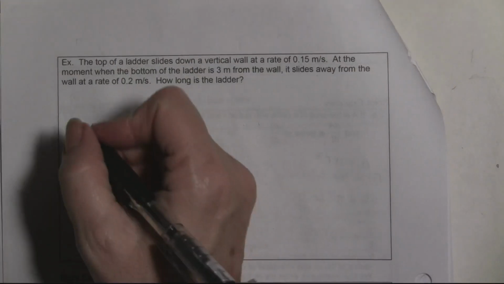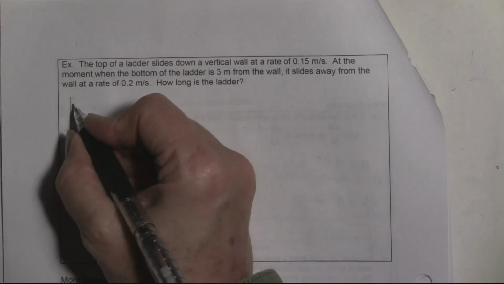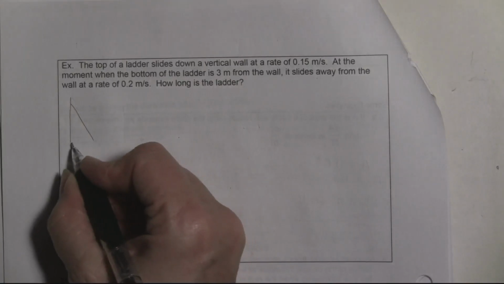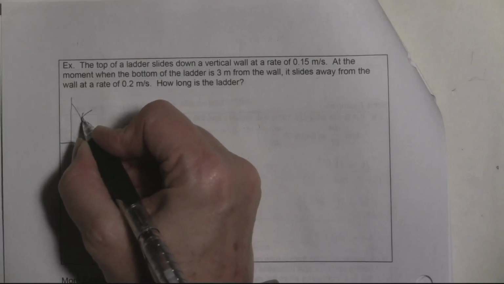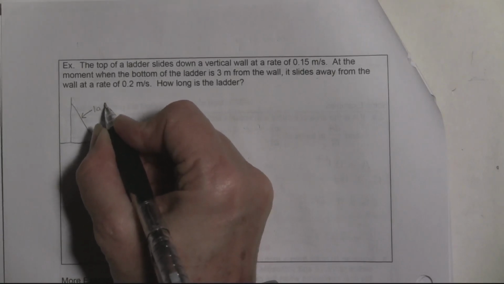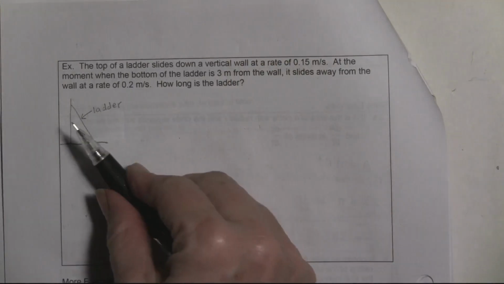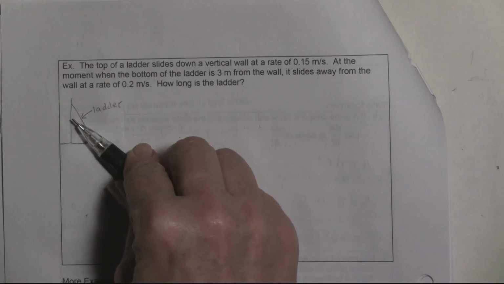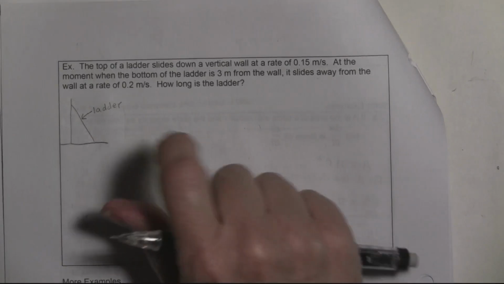And so I'm wanting to make a little picture of this. I'm going to draw the wall right here, and I'm going to draw the ladder right here. And here is the ground. So that right there is the ladder. And what's happening, this ladder is sliding down the wall. And so as it slides down the wall, it's kicking out away from the wall.